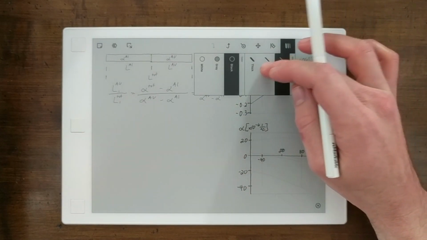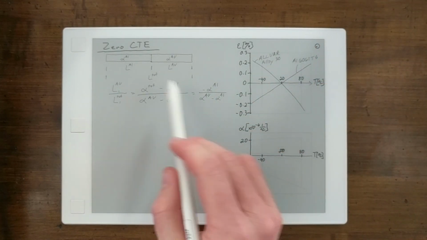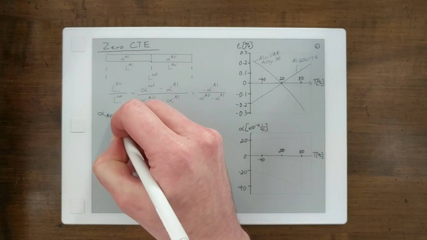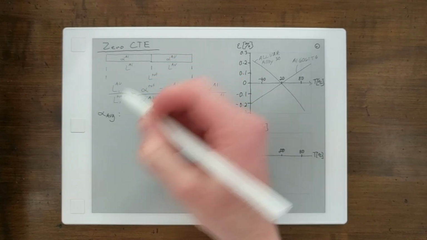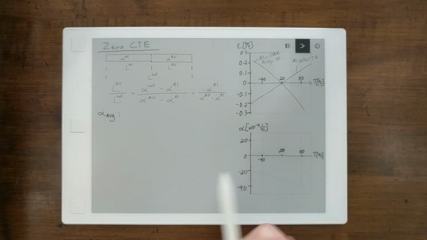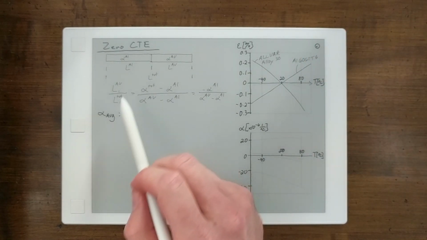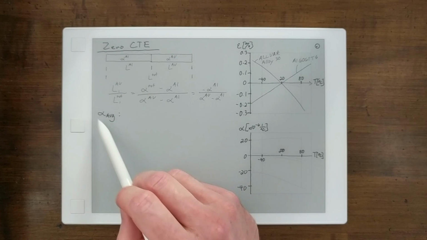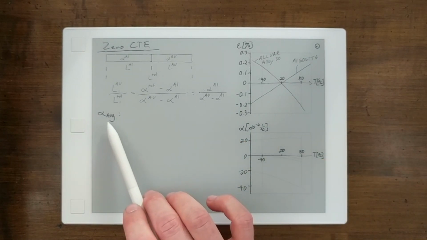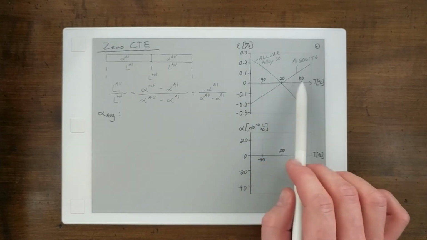So in the previous video, we developed this for the thermal expansion coefficient, or the average thermal expansion coefficient. And it kind of brings up a question. Well, what is temperature 1 for the average coefficient of thermal expansion? Well, the average coefficient of thermal expansion is given across a temperature range.